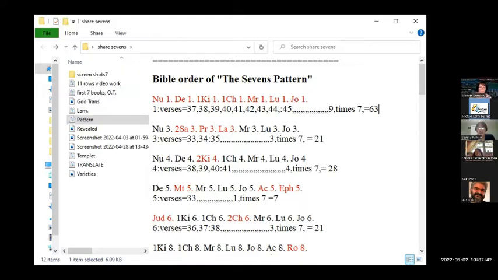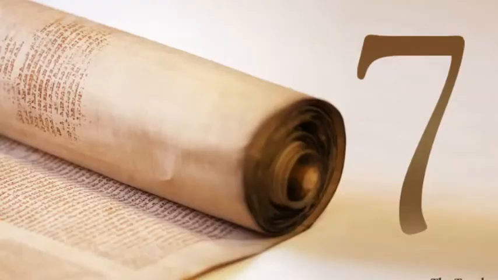Now, Lamentations, like I said, verse 33 is the 77th letter, and it's representative of only 7 books which hold verse 33 in chapter 3. And it's the only time it's in the pattern, only one time, Lamentations.